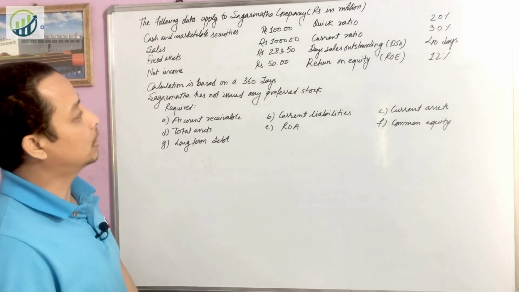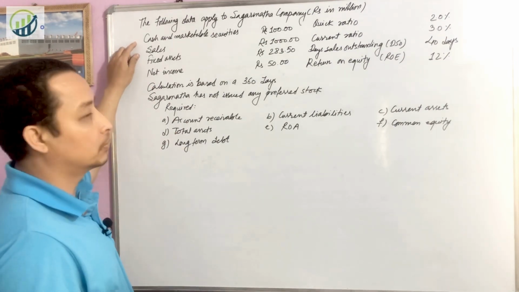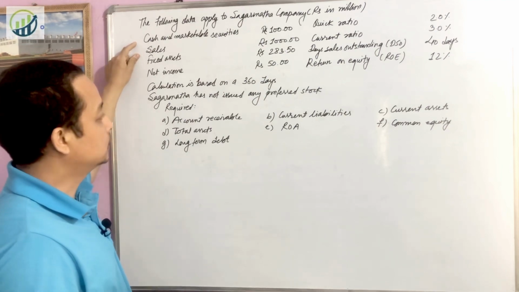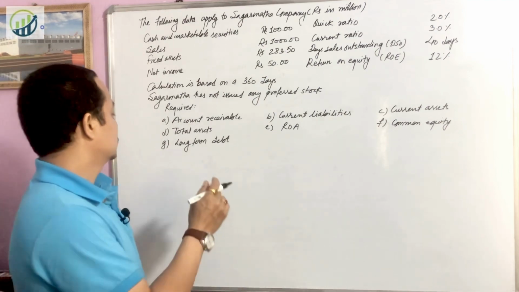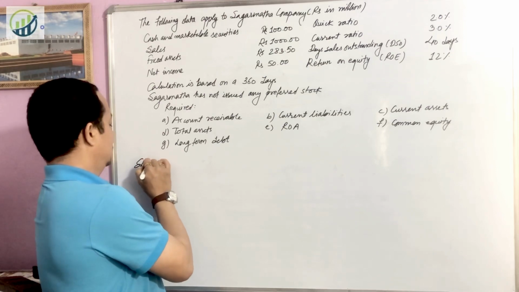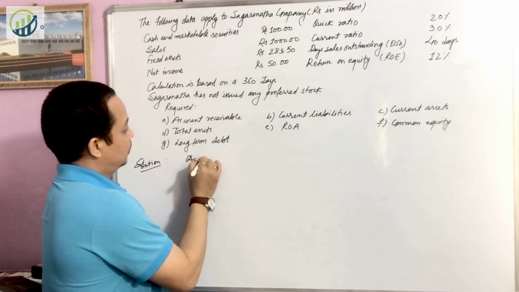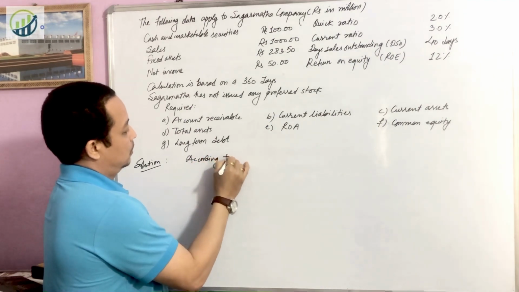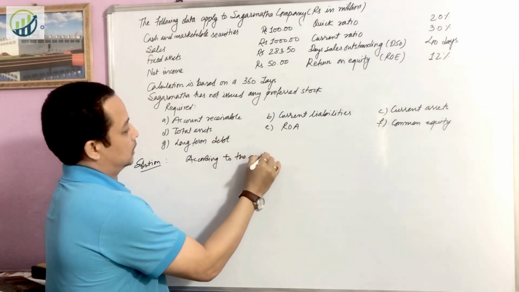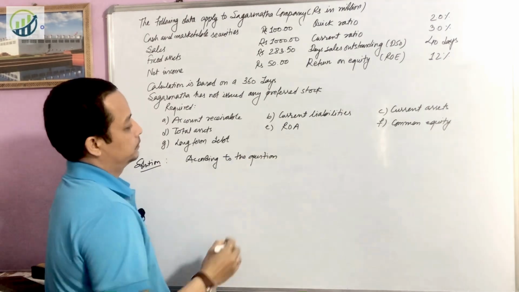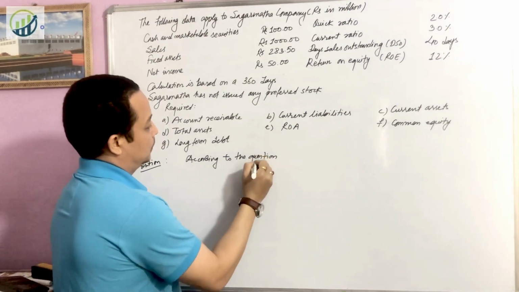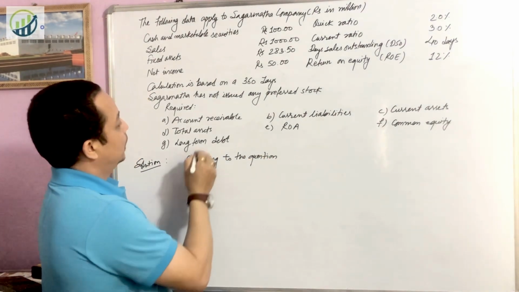To solve this problem, all the givens are here in the question. So for the solution, you can write according to the question. Here you have to first find the accounts receivable.